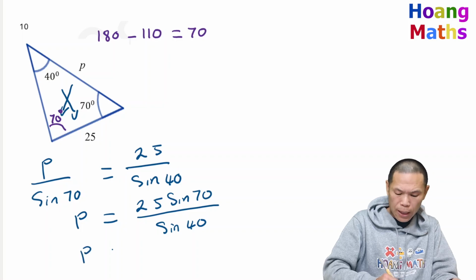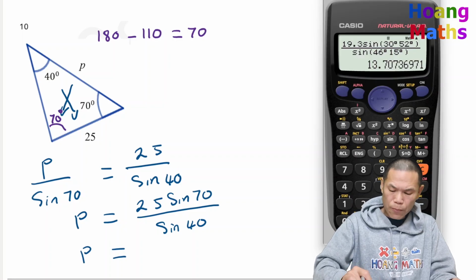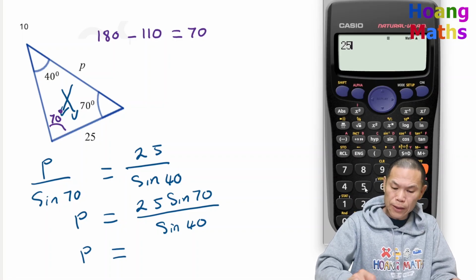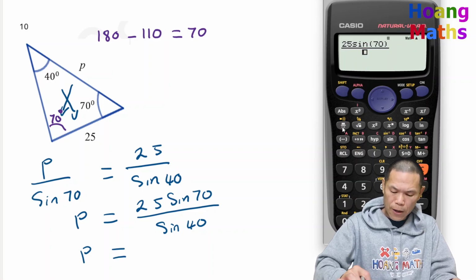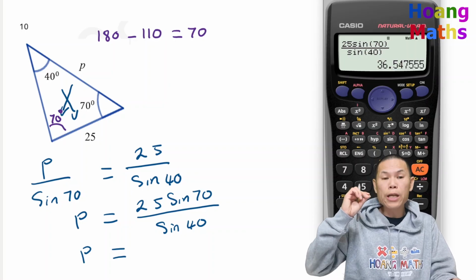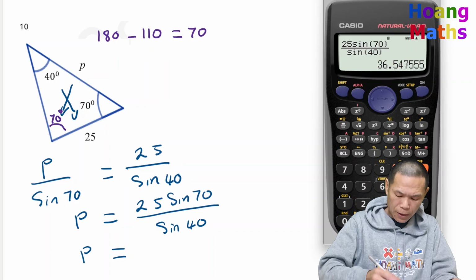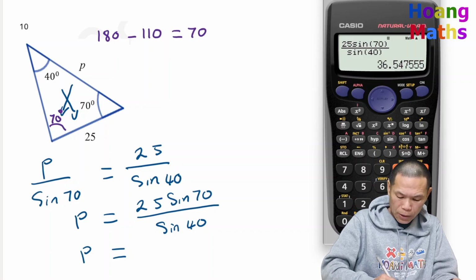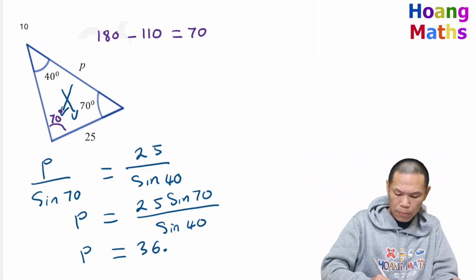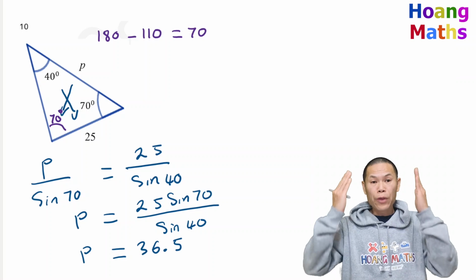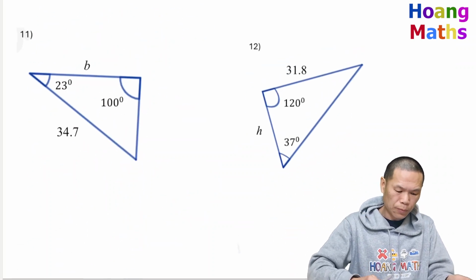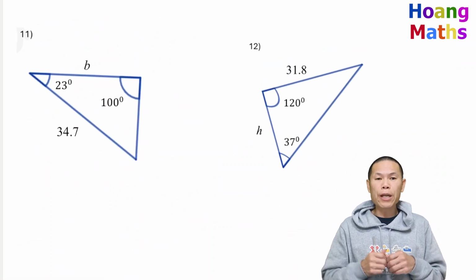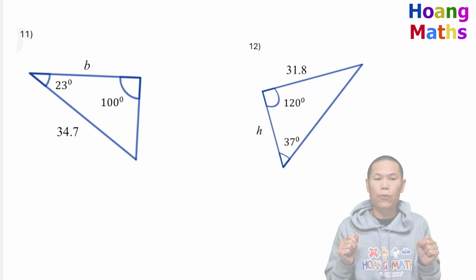So I just go 25 sine of 70 degrees over sine of 40 degrees. That will do. So 36.5, correct to one decimal place. 36.5. There you go. Please stop the video and try this one yourself.